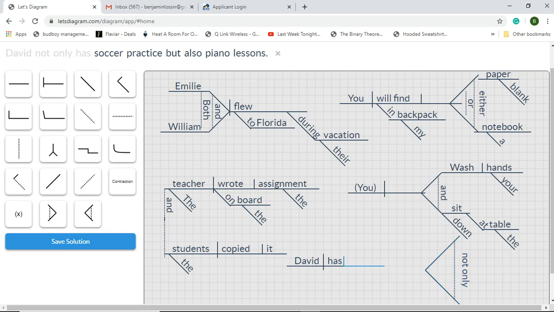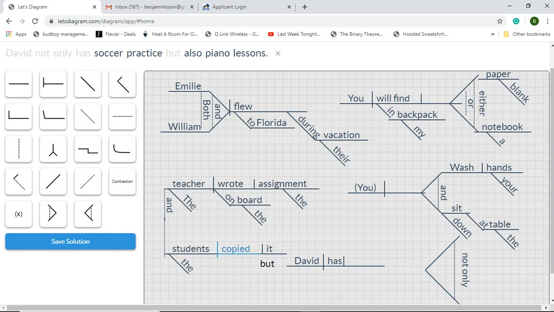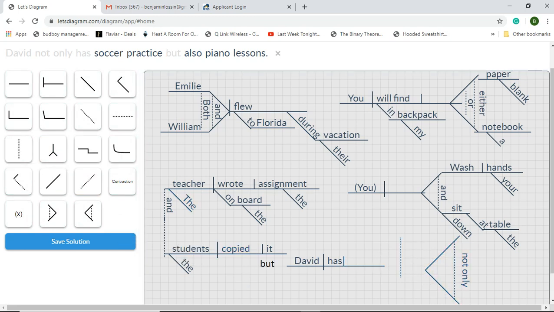Okay, so it's going to look like that. Not only. But we also have but also. Okay? But also piano lessons. So, but also should be going on the inside part of our rocket ship. And again, the only way I figured out how to do that is using a line. You do not have to make this line. You can just write it on the one line, okay?